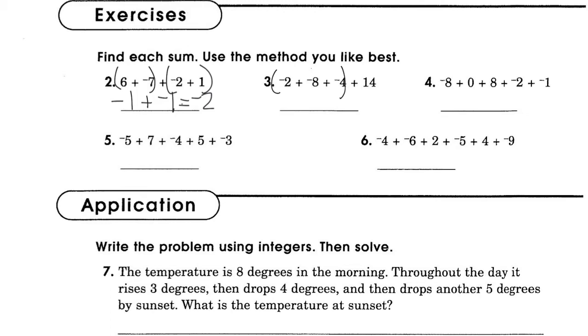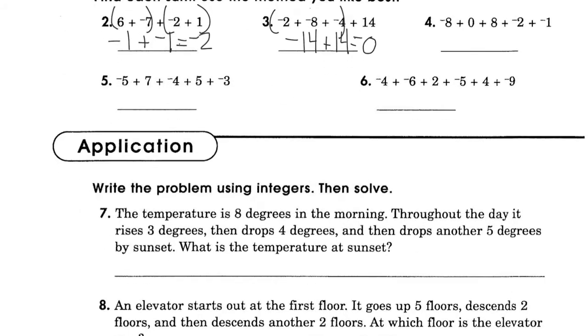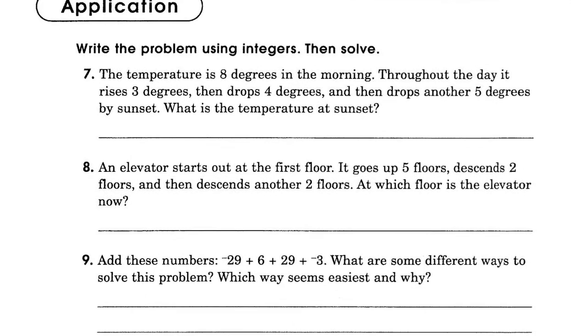So I know negative 2 plus negative 8 is negative 10. Negative 10 plus negative 14 is negative 14. And then I'm going to add to that a positive 14, which equals 0. You are welcome, as I said, to use your calculator to finish those problems. Just don't forget your negative sign when you're putting in a negative integer.